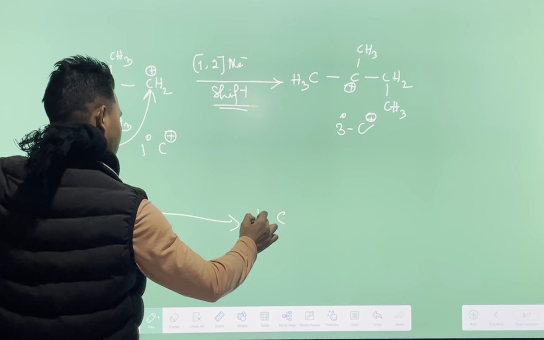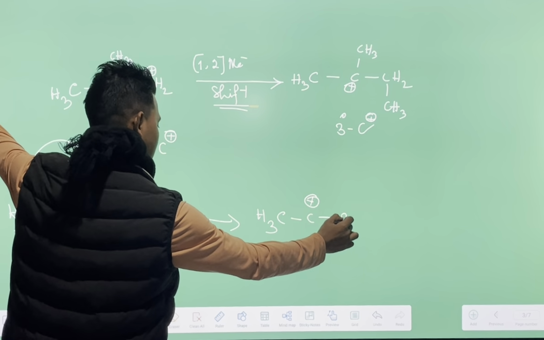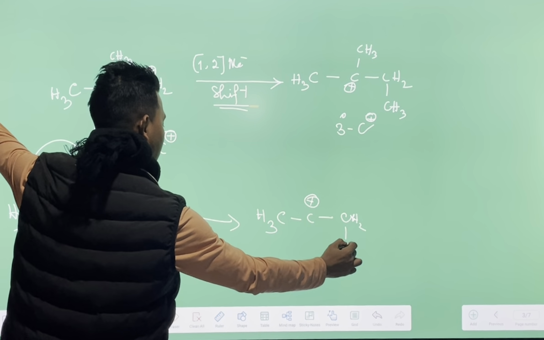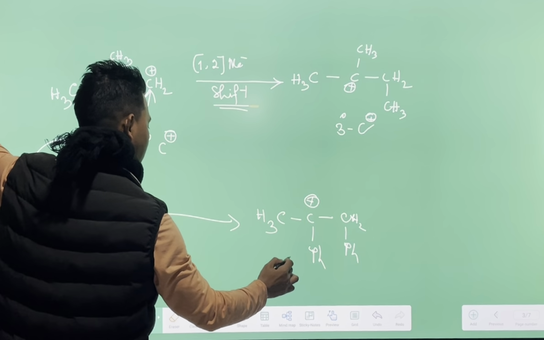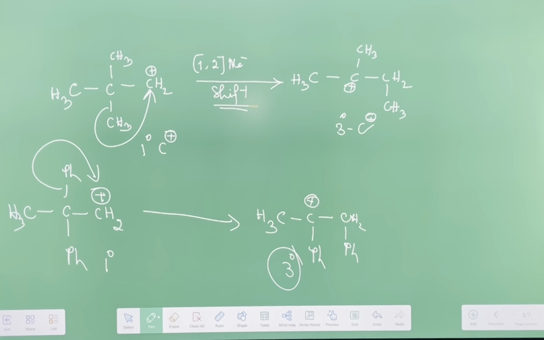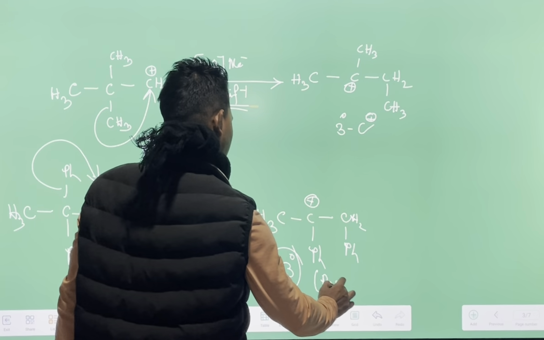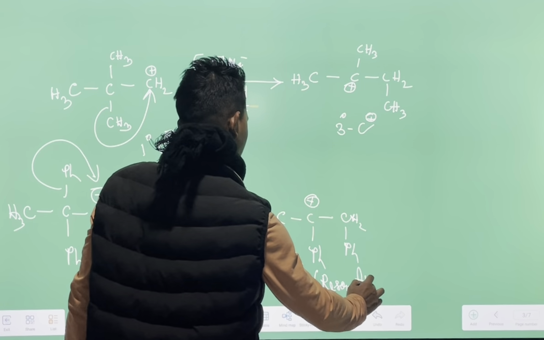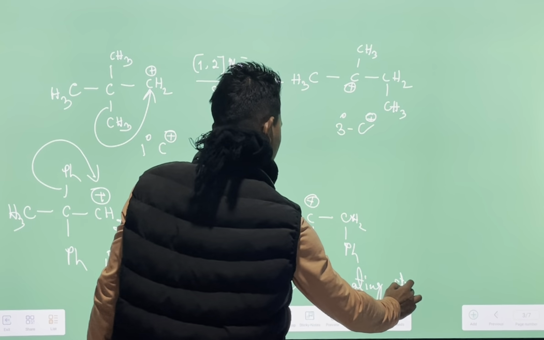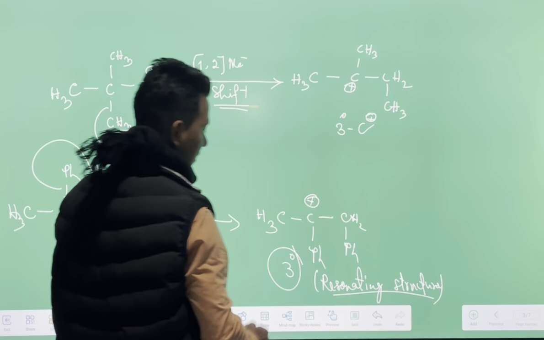So we get CH3, C carbocation, CH2 phenyl group and also a phenyl group. This is a tertiary carbocation. A tertiary carbocation is most stable because there are more resonating structures.